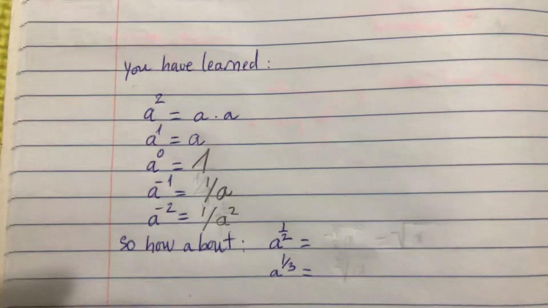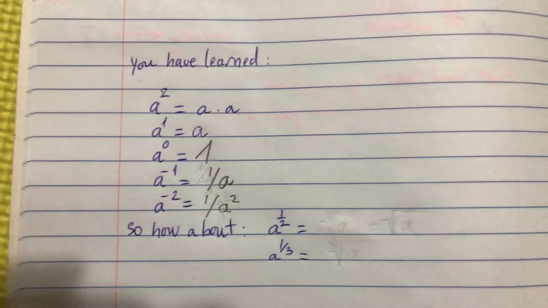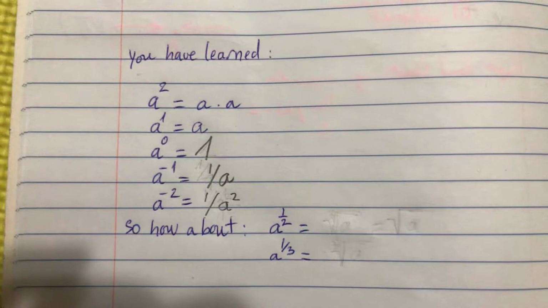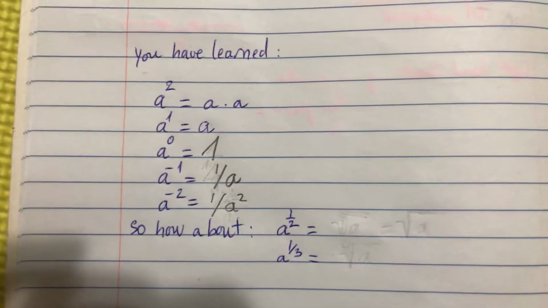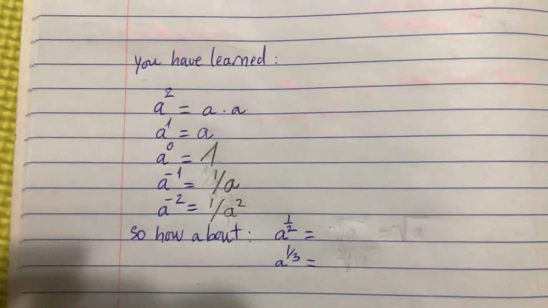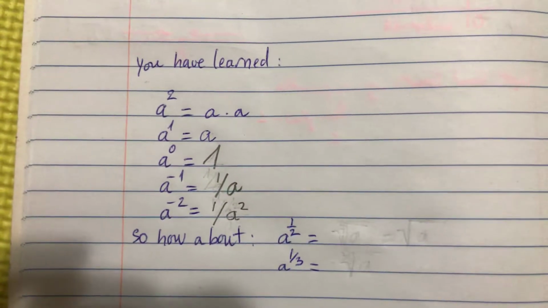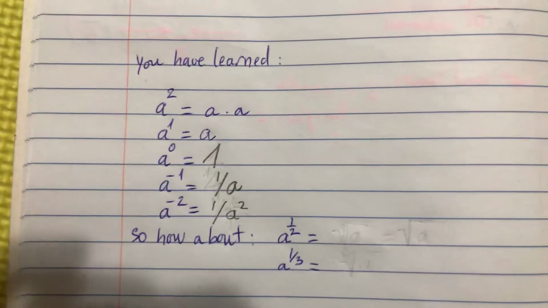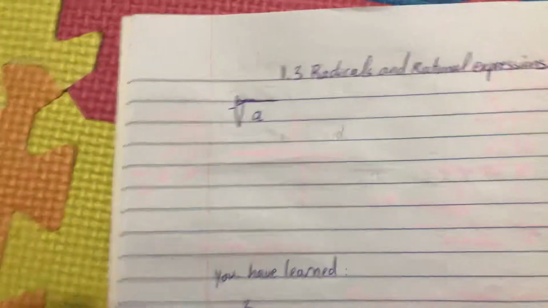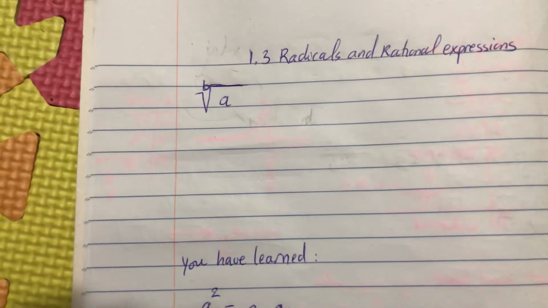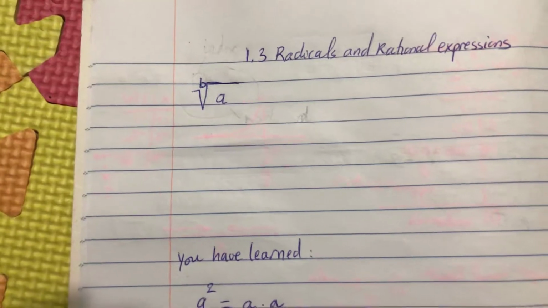so you think about what happens if the power becomes a fraction number. That's the reason why, for example, we have a to power 1/2 and a to power 1/3, and that is the reason why today we learn about radical and rational expression.